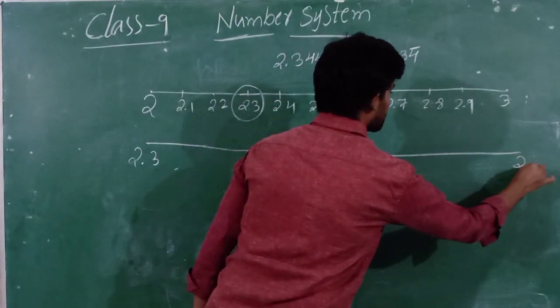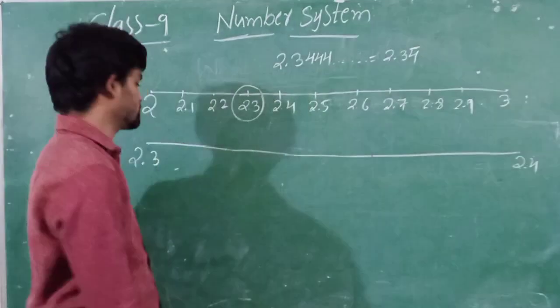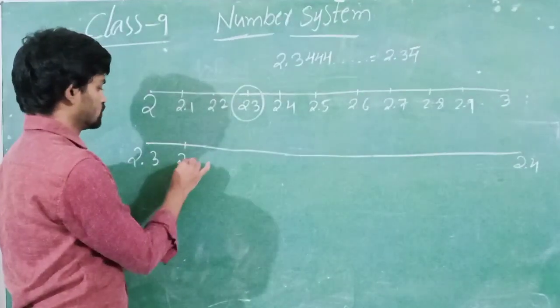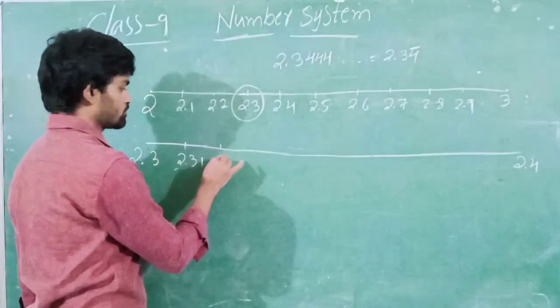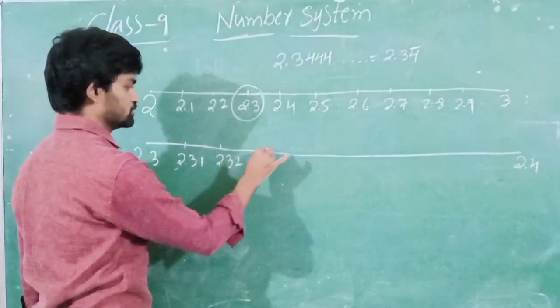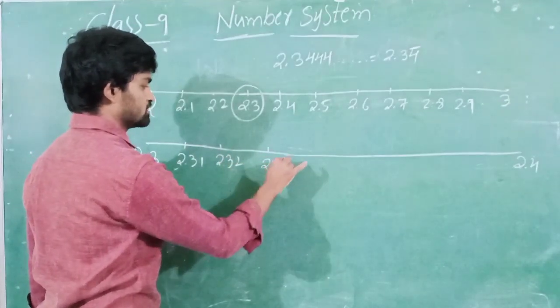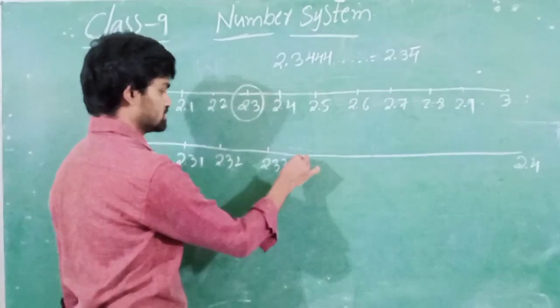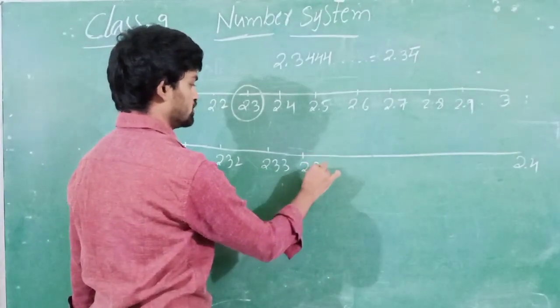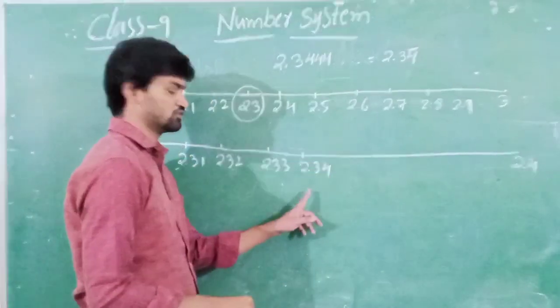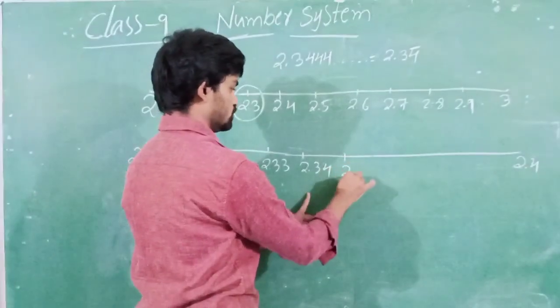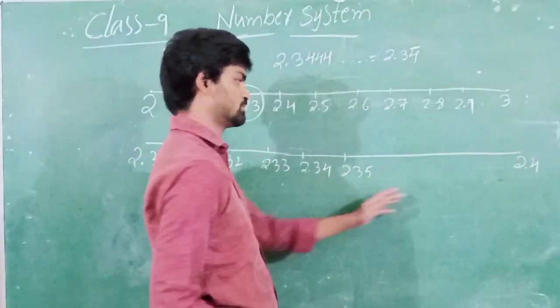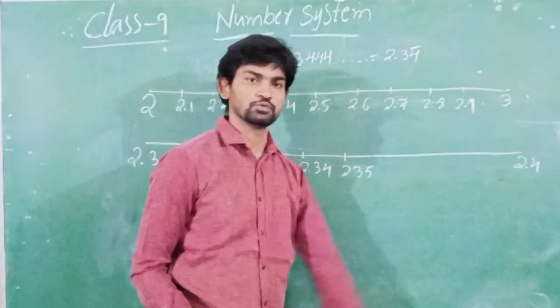Here we got 2.4, 2.31, 2.32, 2.33. Next 2.34. We got 2.34. Next 2.35 and some other numbers till 2.4.